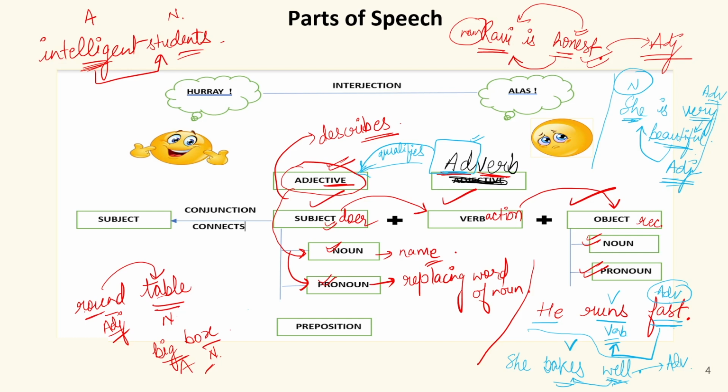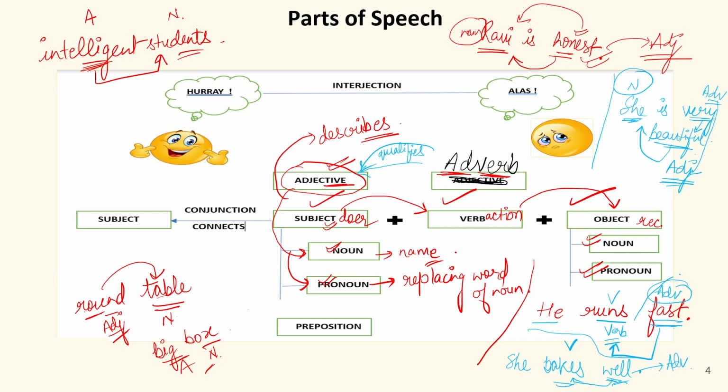Now, this is not yet complete. How? Because an adverb is a word which qualifies itself as well. It qualifies itself as well. How? Let us see. Now, again, the sentence is written over here: he runs fast.